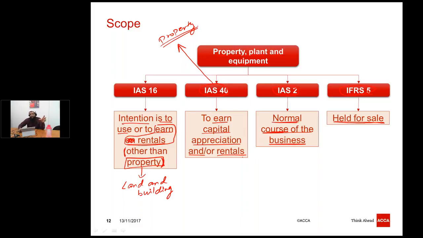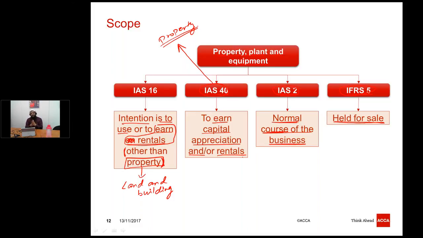Properties which are being held for investment purposes, and by investment we mean either capital appreciation or to earn rentals. So now there are a total of 4 accounting standards: IAS 16 where the intention is to use or to earn rentals other than property, IAS 2 where I have the asset in the normal course of business, IFRS 5 where my objective is to sell the asset, and IAS 40 where my objective is to earn capital appreciation and to earn rentals.